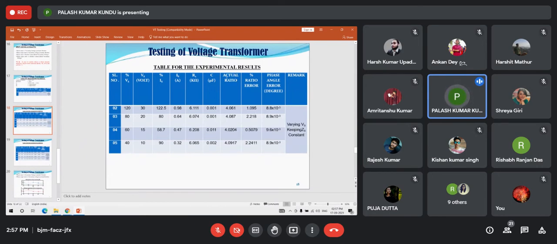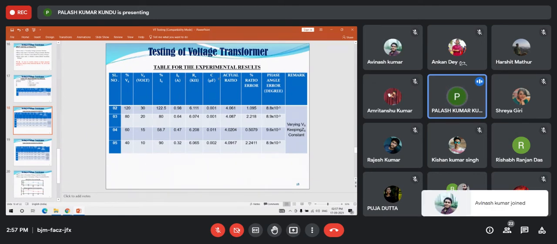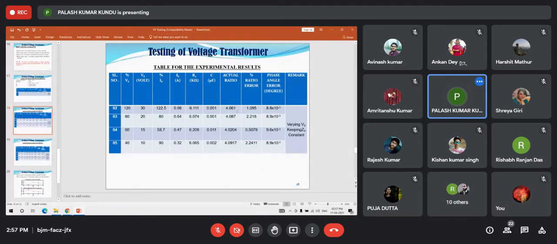Using the formula for the ratio, this much is the value we will get after performing the experiment, and you have to calculate based on this C and R2 using the formula. This is for ratio error and this is for phase angle error in degrees.